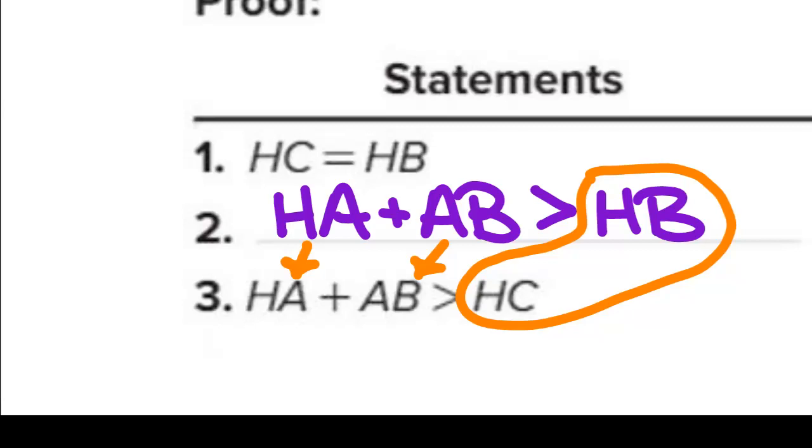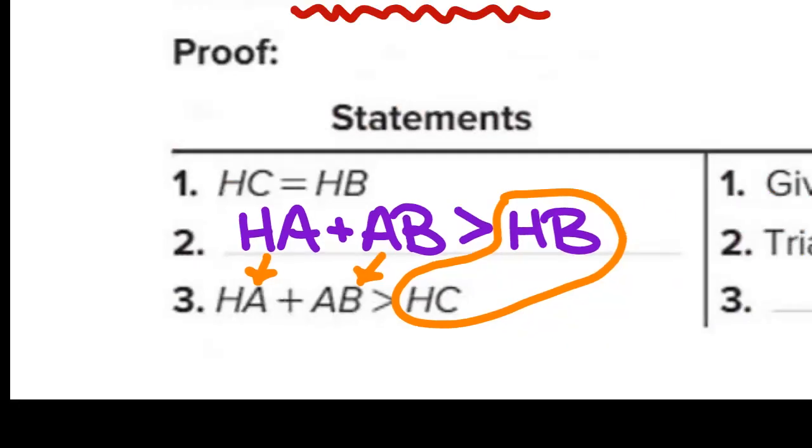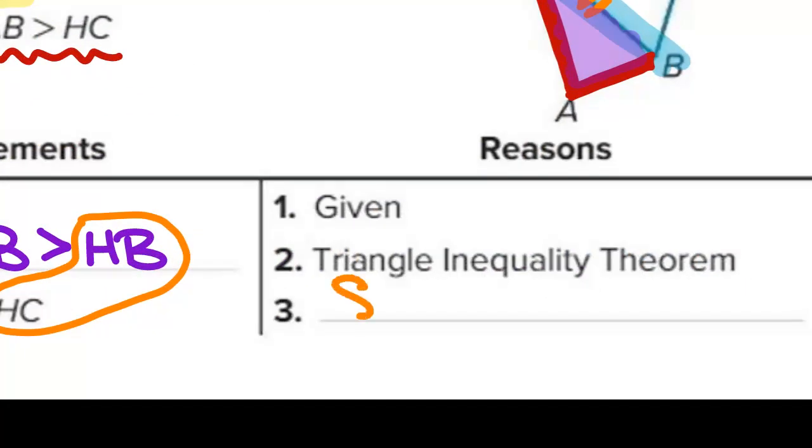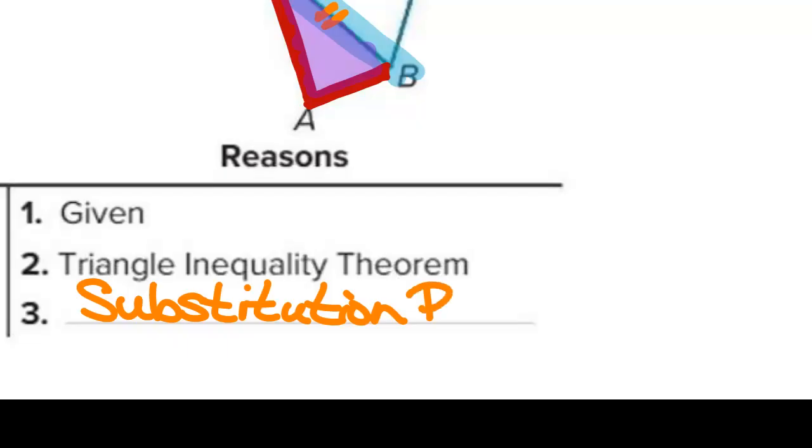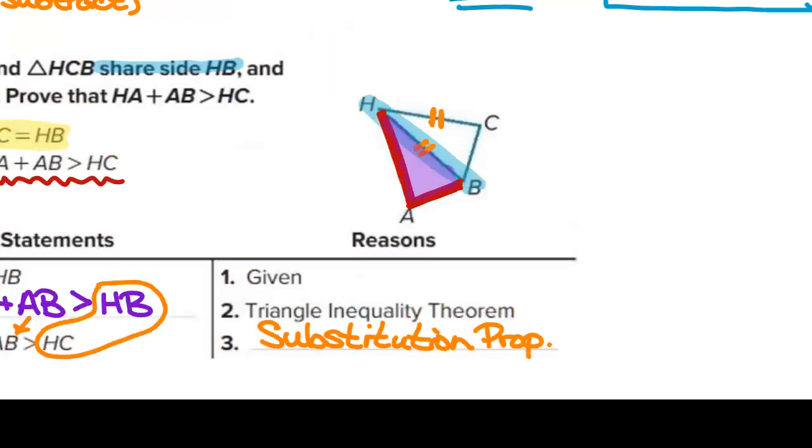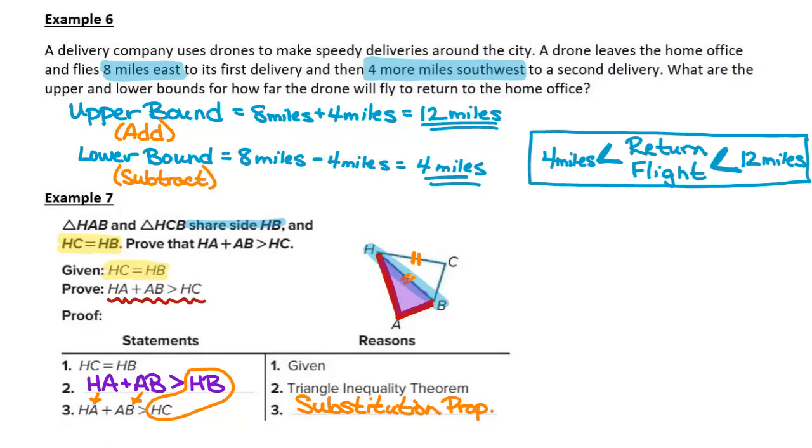Because they are congruent. So what reason could I use? Substitution property. Yes, the reason I can use substitution is because they are congruent. That lets me take something out and replace it with something of equal value. This is substitution property. Nicely done.